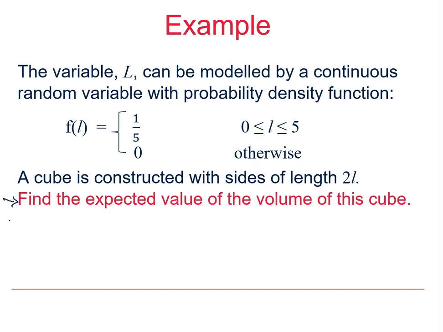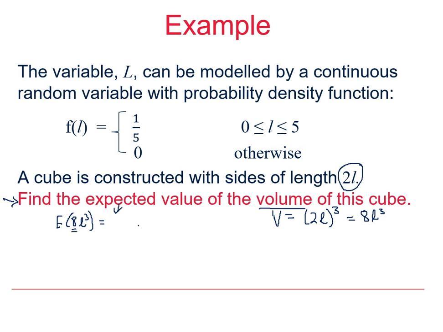So this demand here now, we're being asked to find the expected value of the volume of a cube, and we're told that the cube has sides of length 2L. So the volume is 2L all cubed, or 8L cubed. So we want to find the expected value of our function here, and that's E(8L cubed), and that's probably easier if you recall from our work when we looked at linear functions.